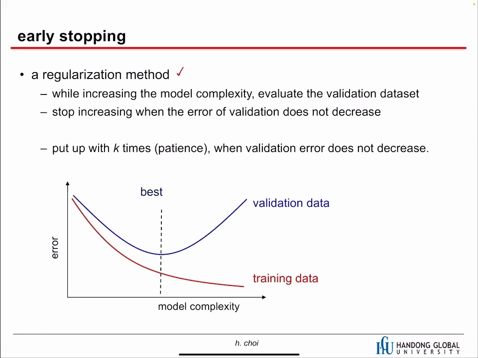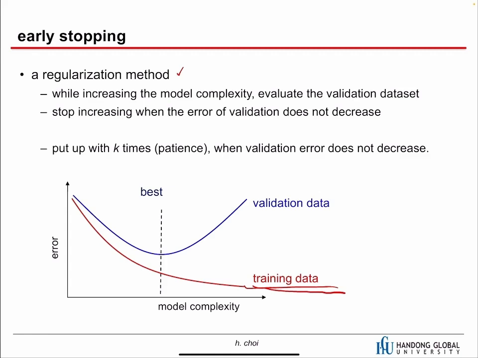So we can increase the model complexity. Then obviously training error will decrease for sure, and at some point maybe it could be 0. The error would be 0. But it doesn't guarantee that with the validation data set it would work. Okay, so we have to evaluate the validation data set.